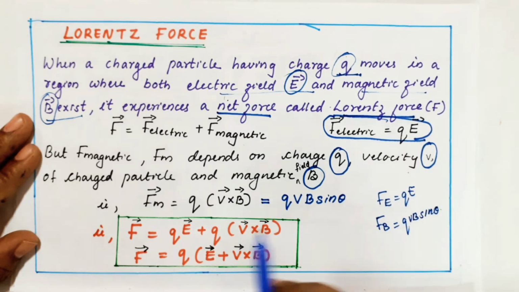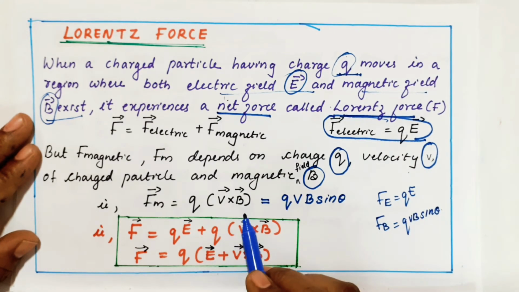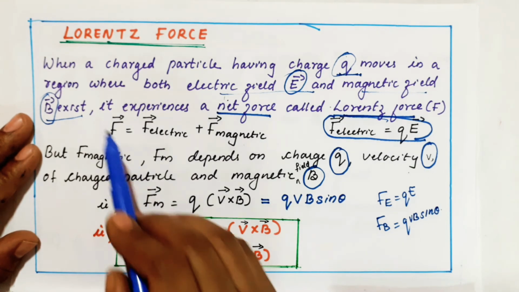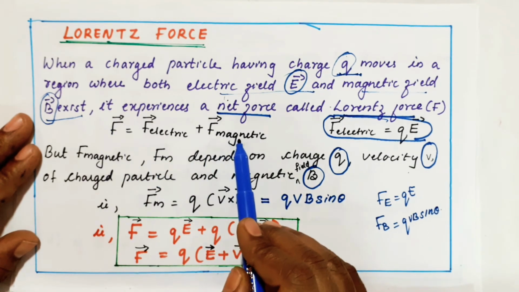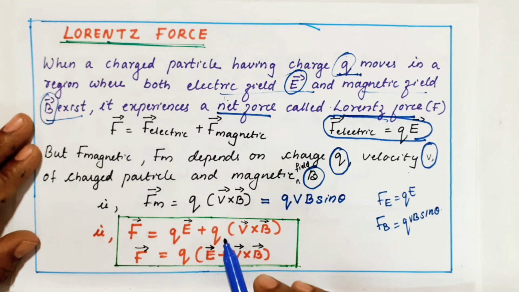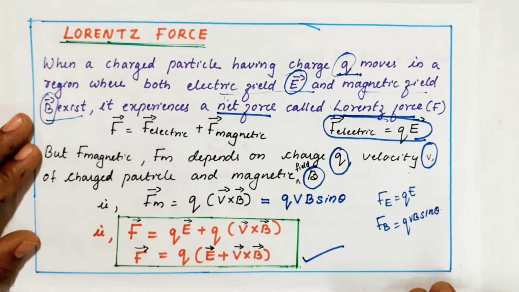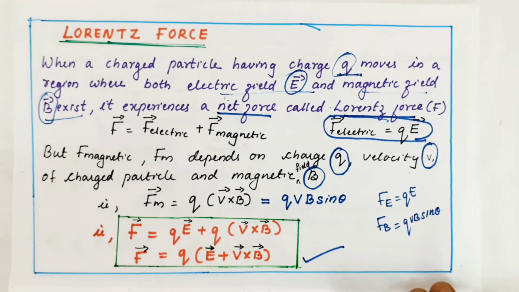QVB sin theta we can write as Q into V cross B. So I can write the Lorentz force as F equals, vector symbol I am writing, electric plus magnetic force. So QE plus Q into V cross B. Q, if you take it out, Q into E plus V cross B is the total force experienced on a charged particle when it is subjected to both electric and magnetic field.